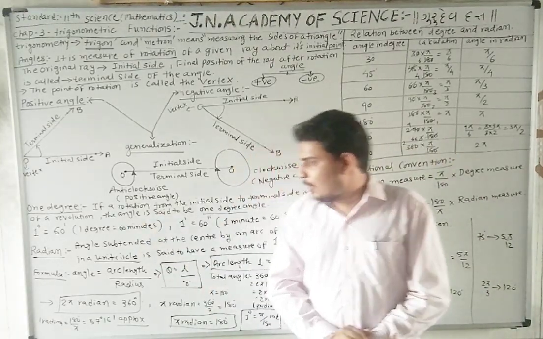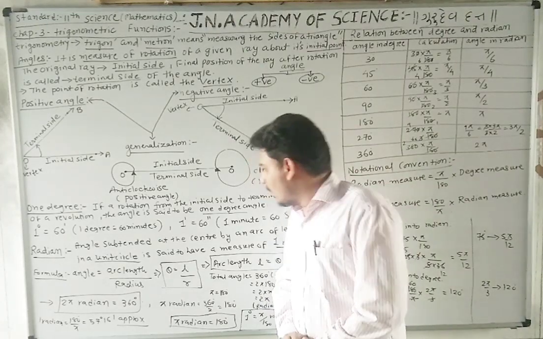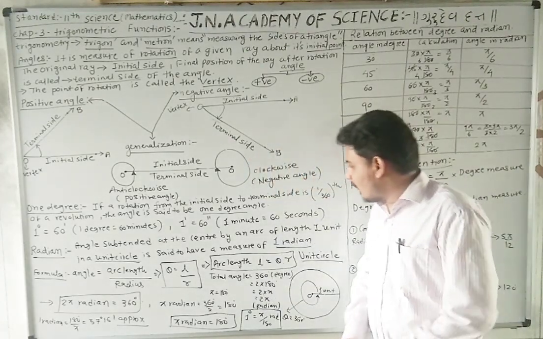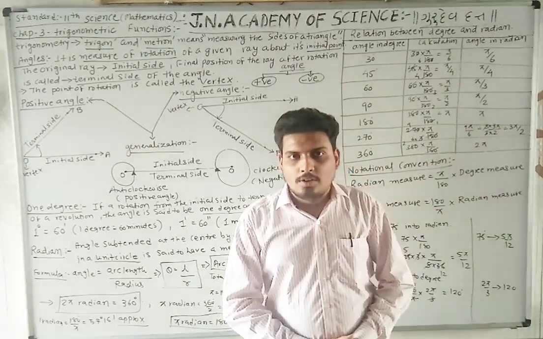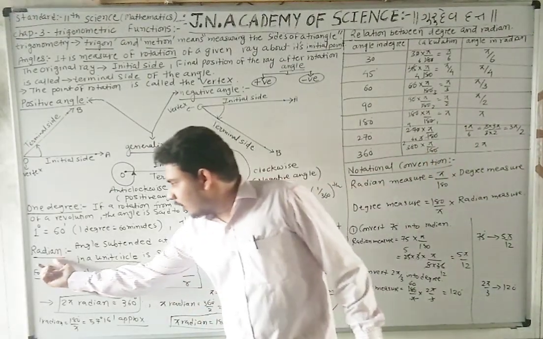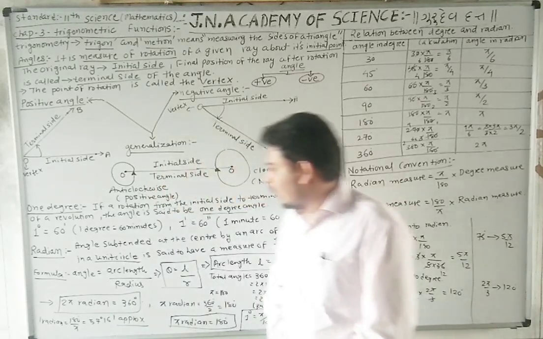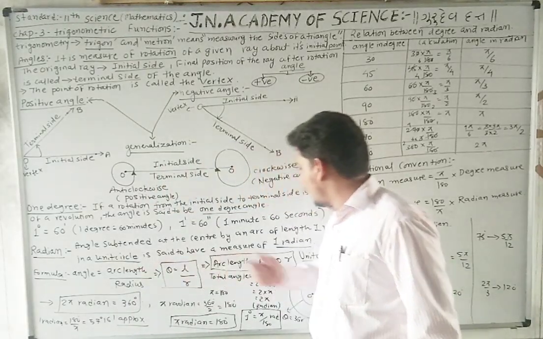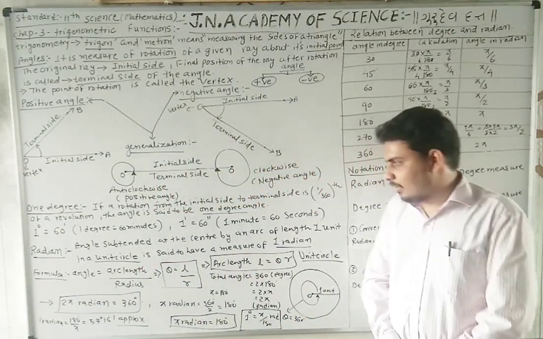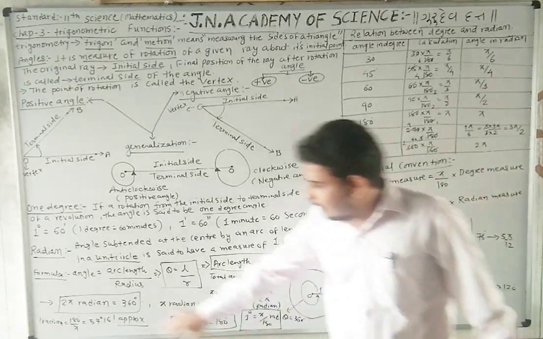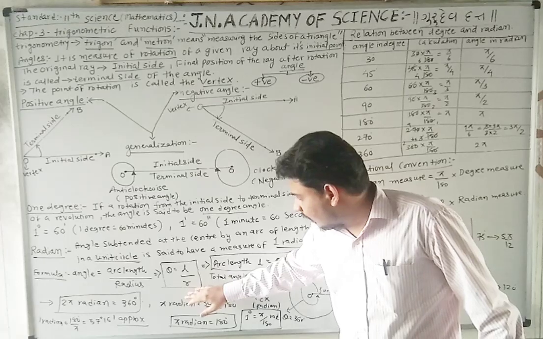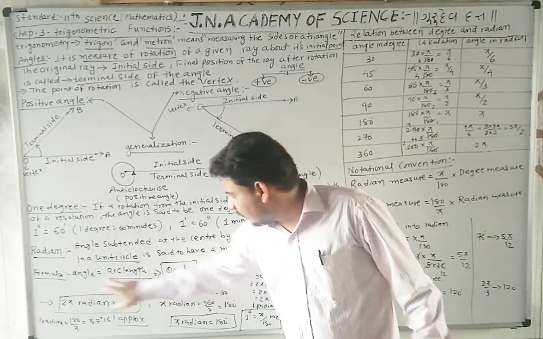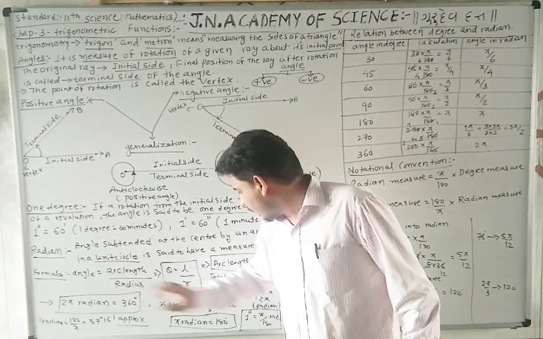Now we are talking about the radian. An angle subtended at the center by an arc of length 1 unit in a unit circle is said to have a measure of 1 radian. The formula is: angle equals arc length upon radius, theta equals L upon R, where L is the arc length, theta is the angle, and R is the radius.